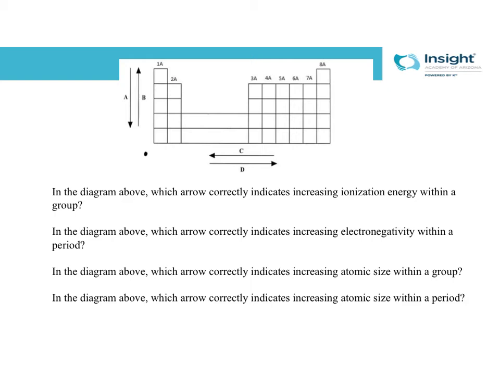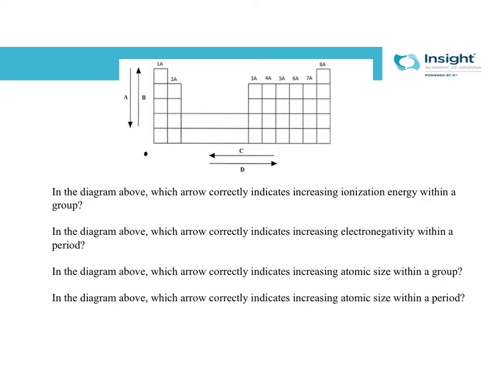So give a couple of these a shot. In the diagram above, which arrow correctly indicates increasing ionization energy within a group? First thing, figure out if group is a column or row, and then think about which direction ionization energy goes.